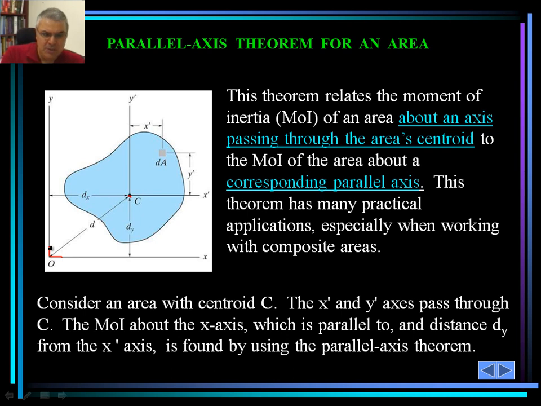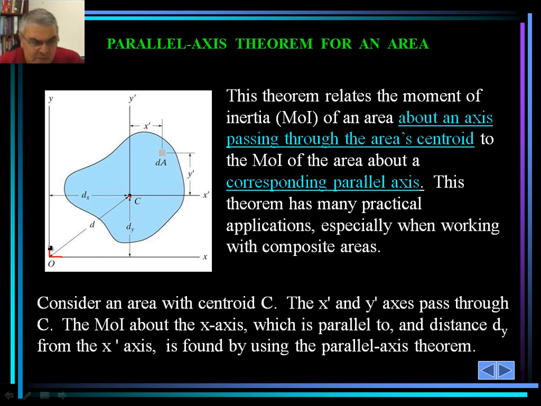Remember, there are certain conditions here, and those conditions must be met. Otherwise, this theorem cannot be applied. One of them is that the axes must be parallel. And so Cx prime must be parallel to Ox, and Oy must be parallel to Cy prime if we would like to find the moment of inertia about the other axis.